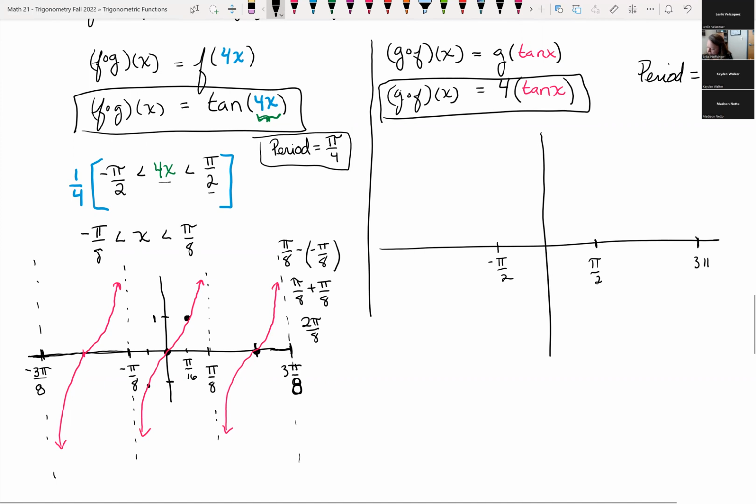Three pi halves was another asymptote, negative 3 pi halves. Denoting our asymptotes by dotted lines.